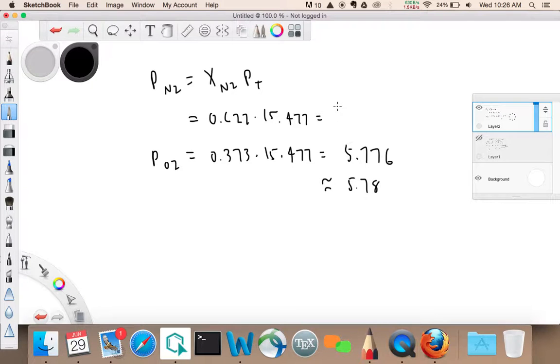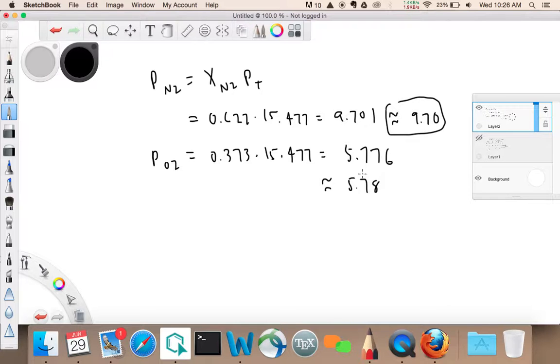And the partial pressure of the one above it is 0.6268229 times 15.477, which is 9.701, reported to 3 sig figs as 9.70.